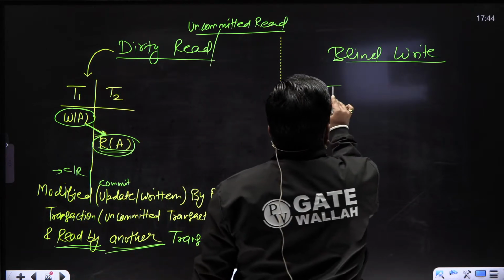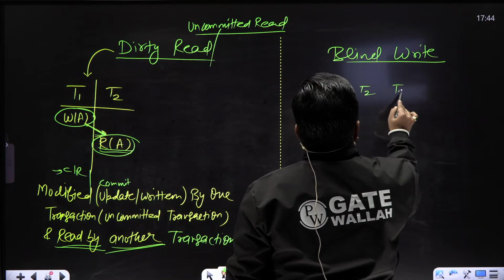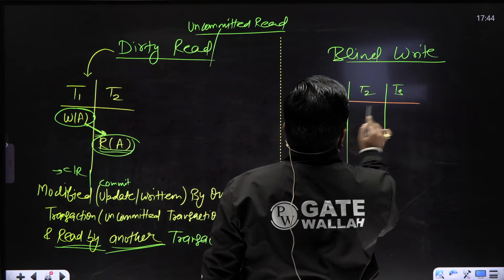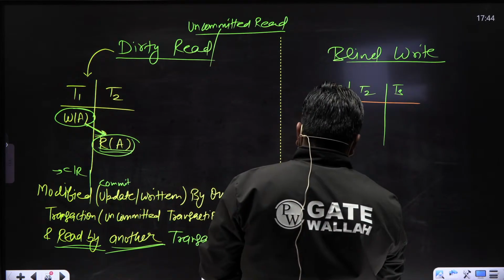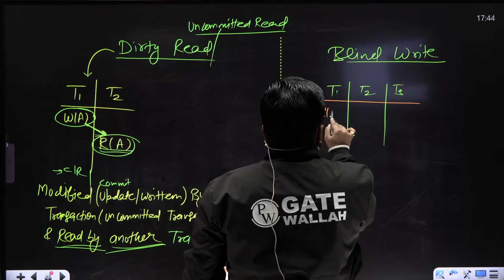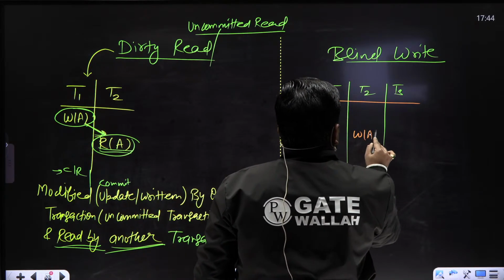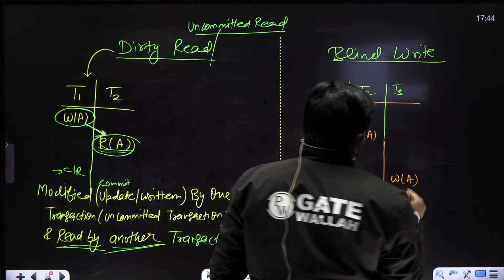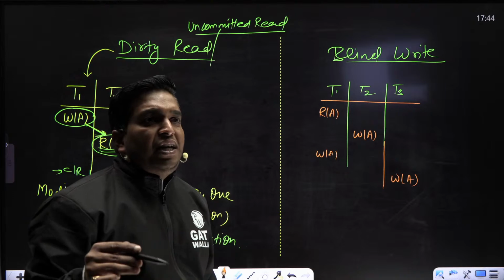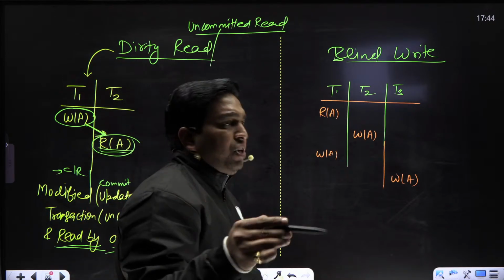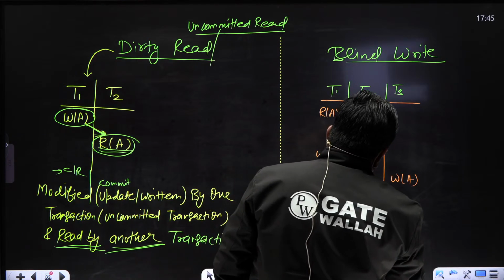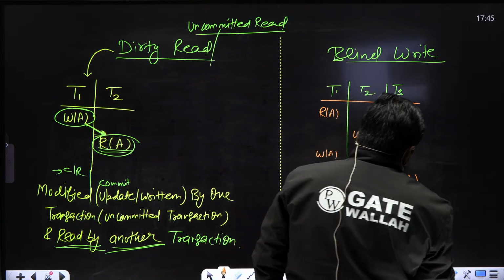And what is the meaning of blind writes? Here you can see, blind writes means what? Read A, write A. Here T2 and T3 are performing blind writes.